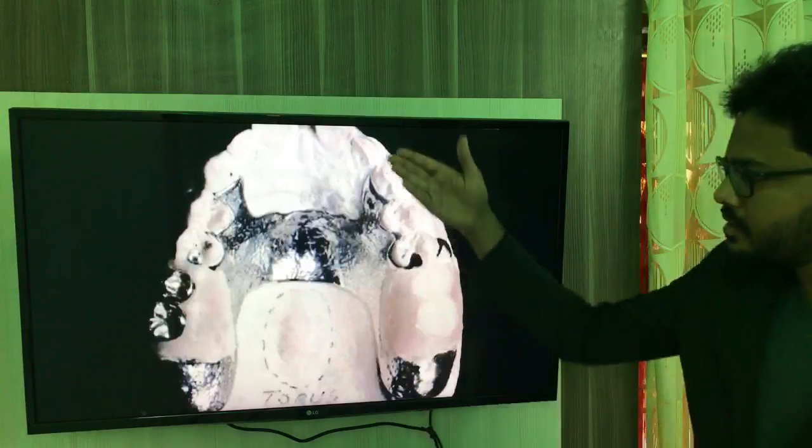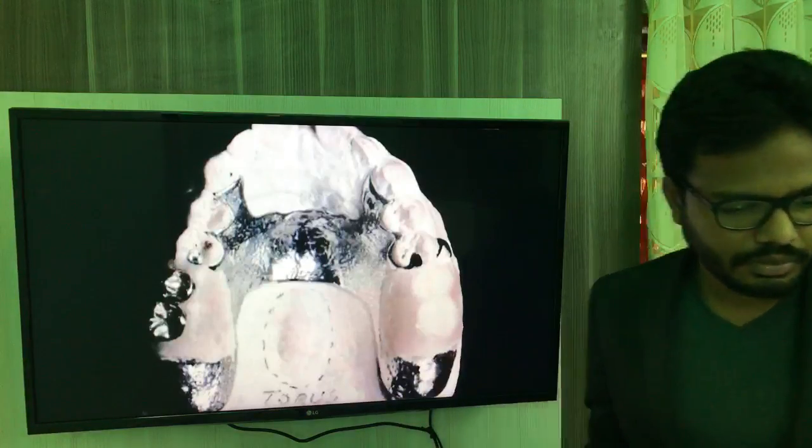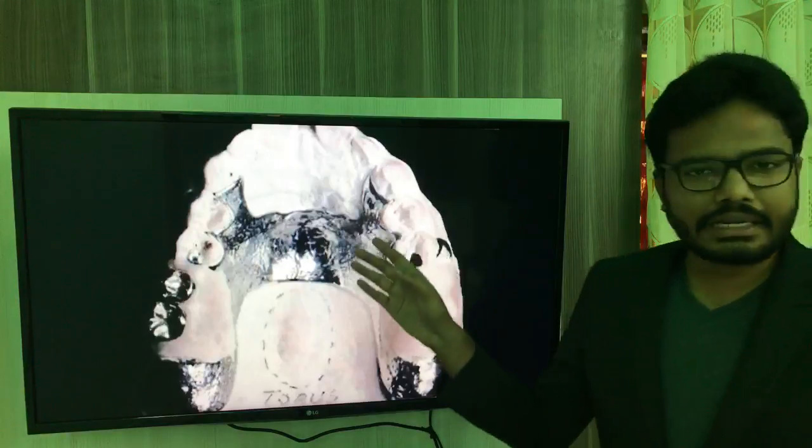So you can see the increased thickness, and the minimum thickness has to be 8 mm in order to have that adequate rigidity, right? So this is your palatal strap.